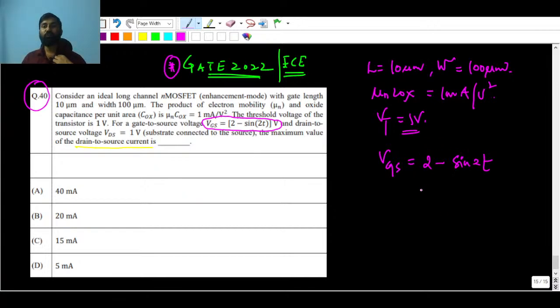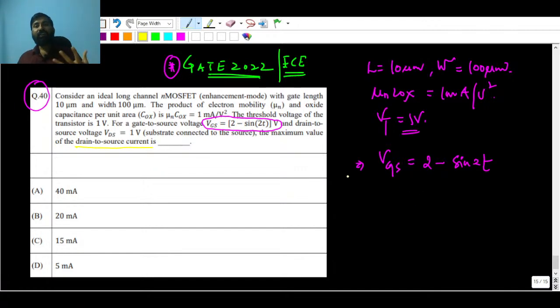And in electronic devices, we always study the case when a small signal is riding on the DC signal, right? We always consider that when we talk about the MOS capacitor, in fact. If you have attended my class, you will understand.